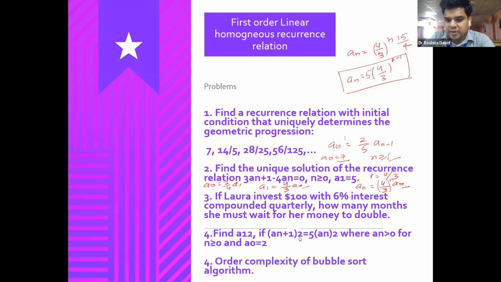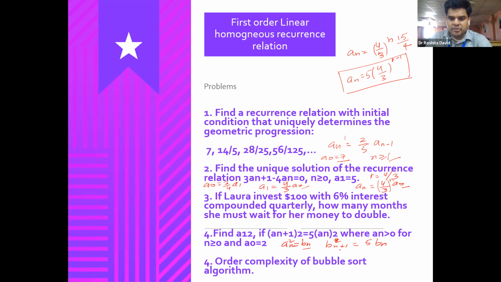Very simple. If I consider a(n) squared equal to b(n), I can write it as b(n+1) equal to 5 b(n), without square.